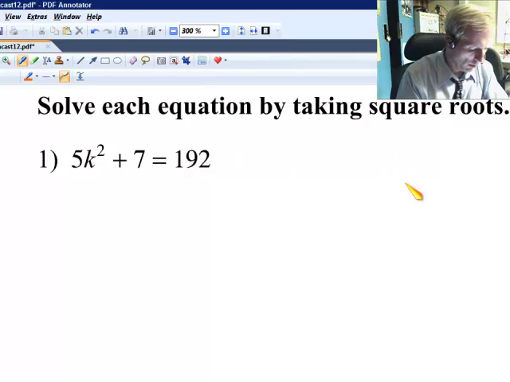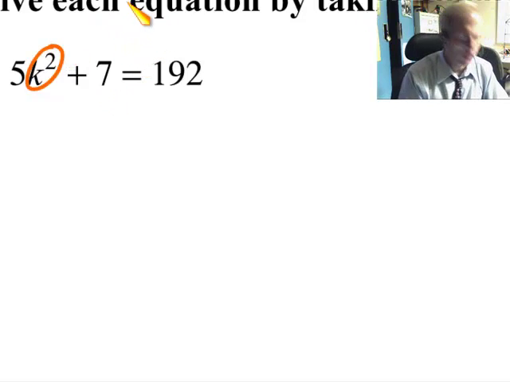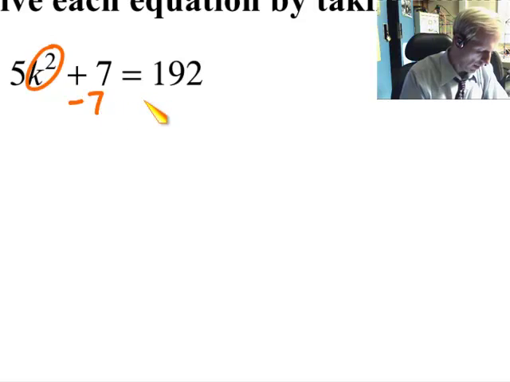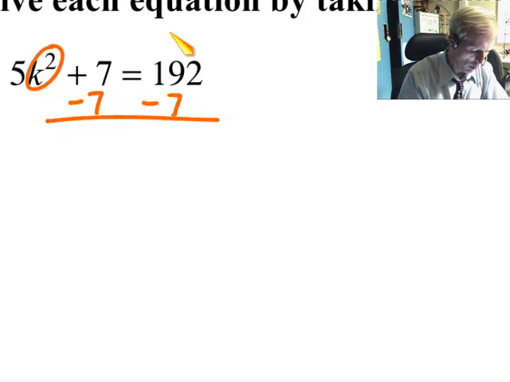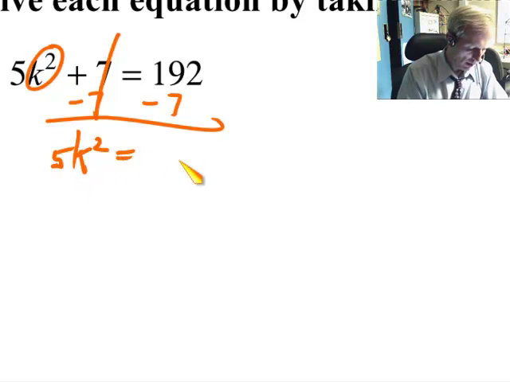Alright, in the first problem here I'm asked to solve a quadratic equation by taking square roots. So to do that I want to isolate the term with a variable on the left side of the equation. So that means I'm going to have to first subtract 7, and that's going to give me 185.